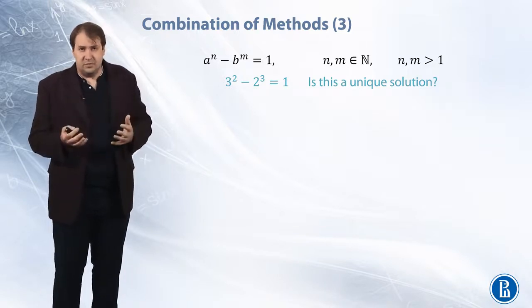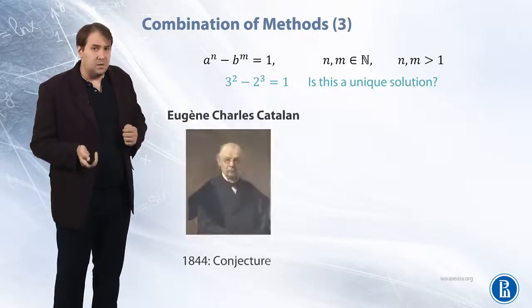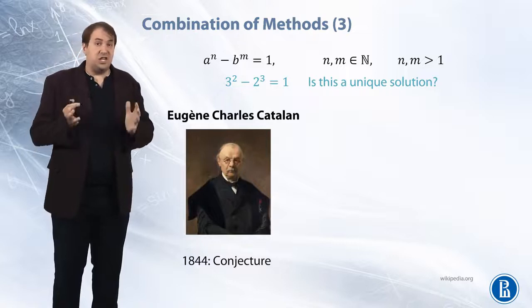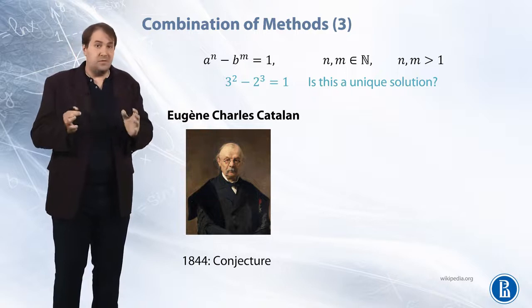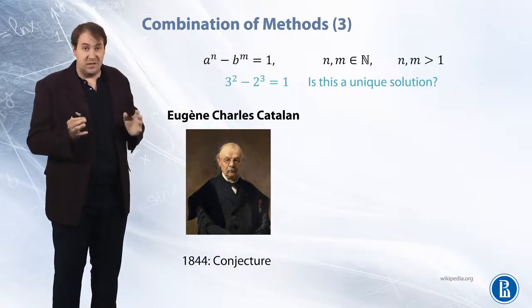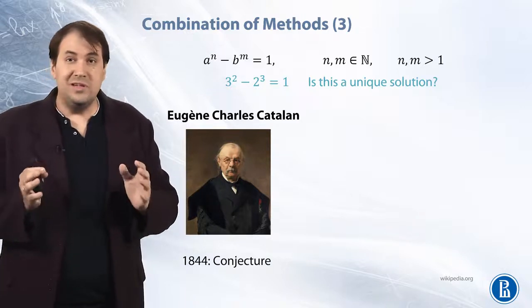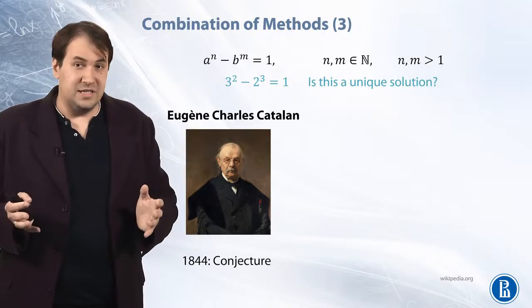This question and this problem was set a long time ago by French mathematician Catalan as a conjecture. So Catalan supposed that there are no other pairs of powers that differ by 1. And for a very long time, nobody could prove this or find a counterexample.